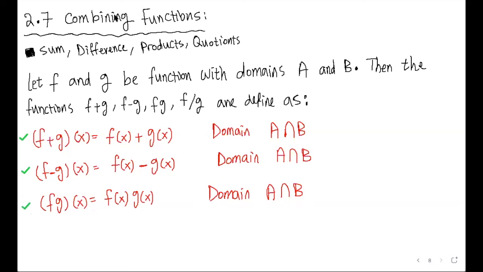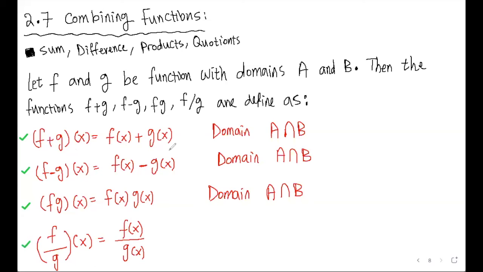Now the last one is the quotient. How can we define the quotient? So the quotient f over g of x is equal to the first function of x over g of x. So this is the quotient here. But the domain is different.